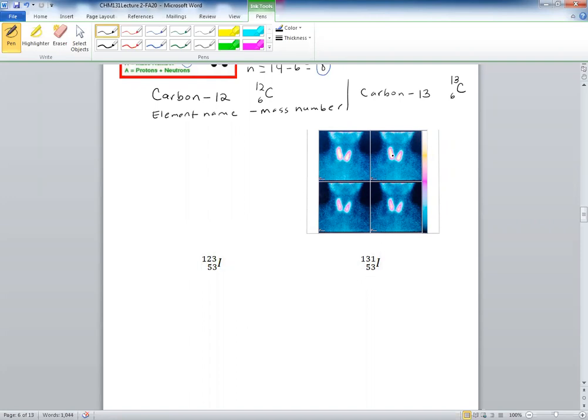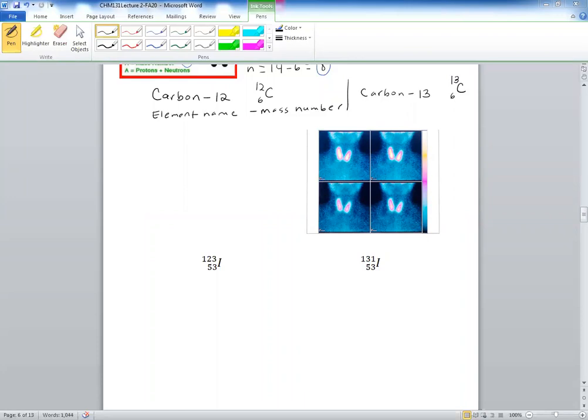So if you notice here, the thyroids in the body are actually emitting radiation, and if there is suspected, let's say, a cancer in the cells, what would happen is that these radioactive iodine atoms are actually absorbed by the thyroid and most types of thyroid cancer.